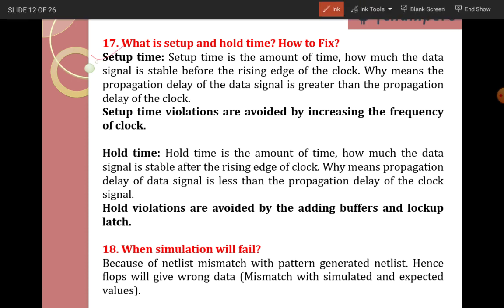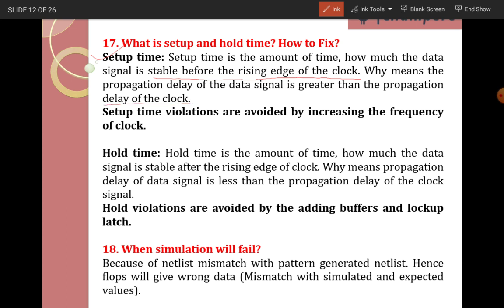Setup time is the amount of time the data signal is stable before the rising edge of the clock. It happens when the propagation delay of the data signal is greater than the propagation delay of the clock.